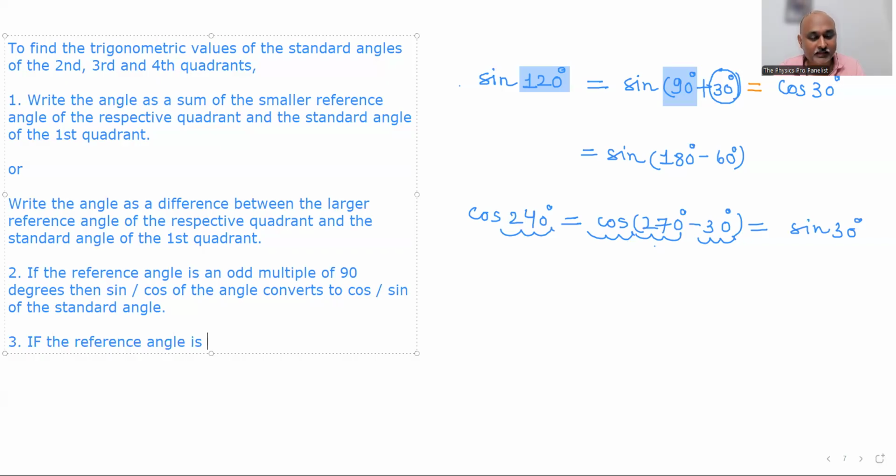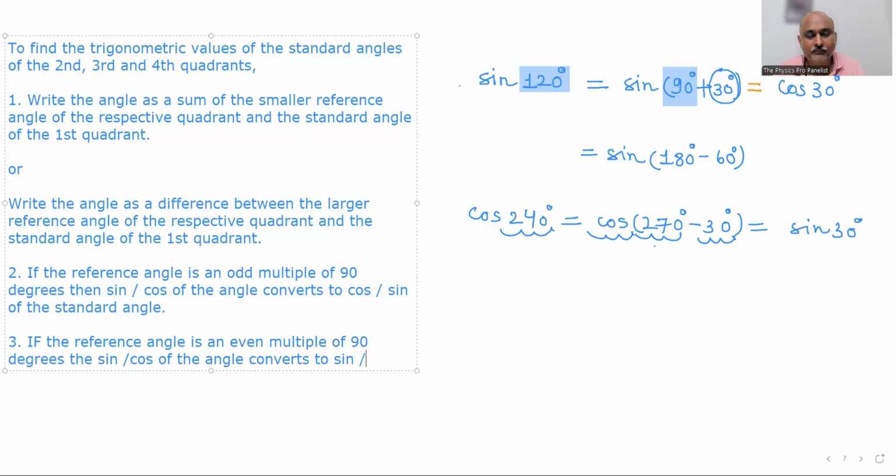If the reference angle is an even multiple of 90 degrees, then sine or cos of the angle converts to sine or cos.